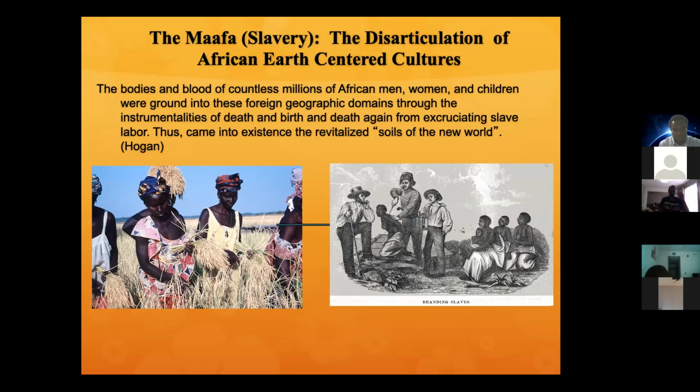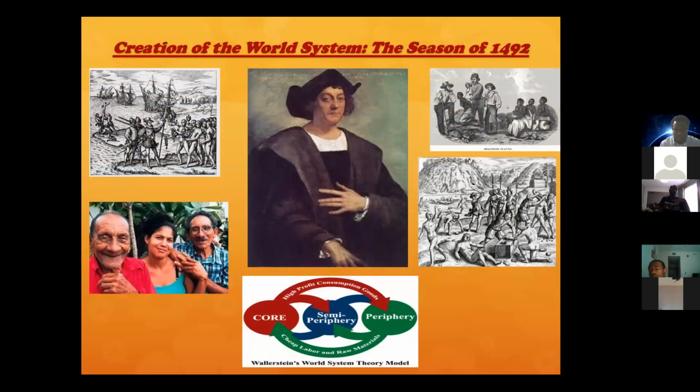And we see it not just as an extension of exploitation of African labor and African bodies, but also as a disarticulation of a group's culture and society, in the way they constructed their relationships to the environment and society at the same time. And that's what we mean by the disarticulation of African earth-centered cultures. And how do we approach that, right?